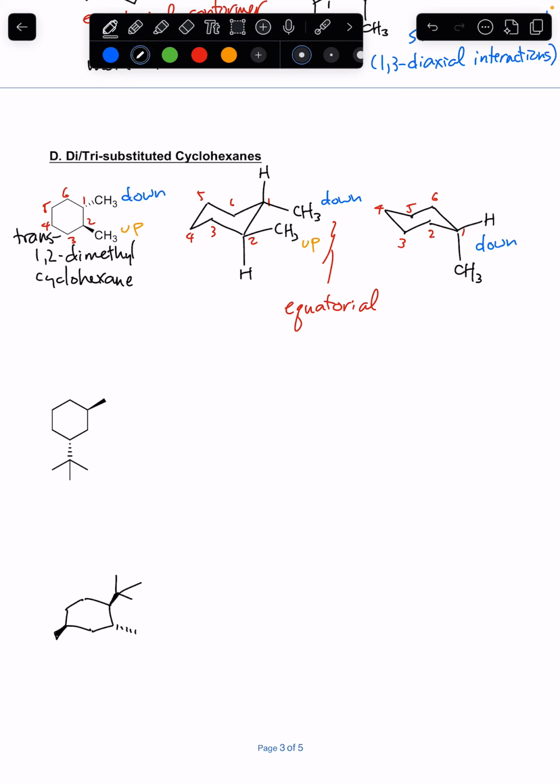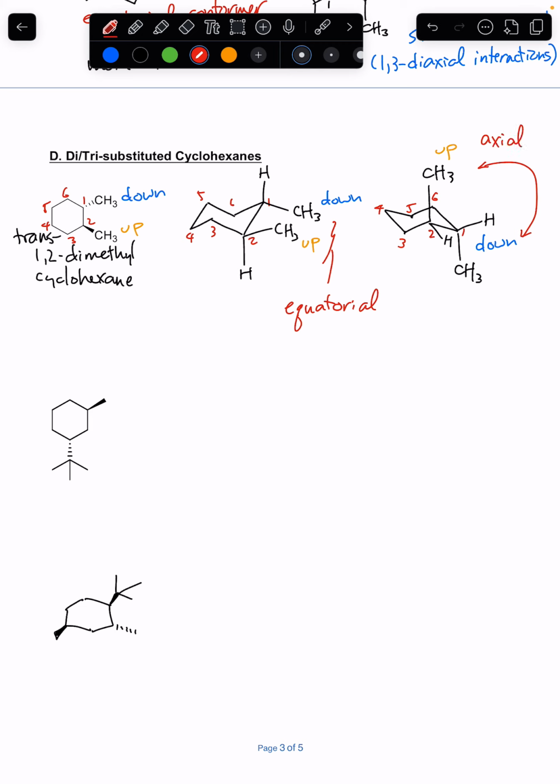At carbon number 2, the methyl group should be up and the hydrogen down. And now what we notice is both of these, the two methyl groups, are axial.